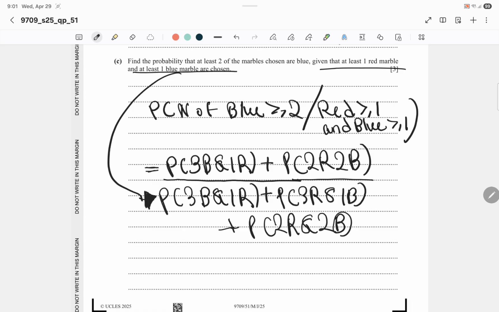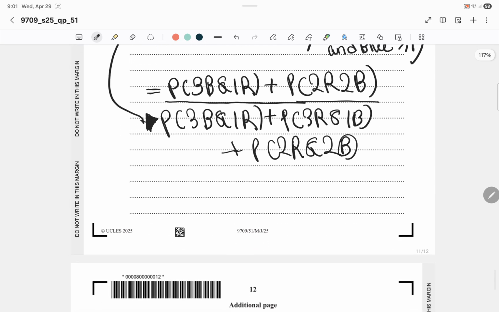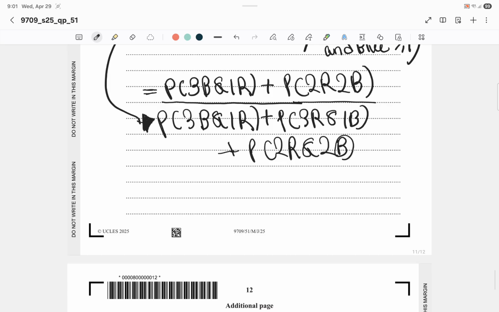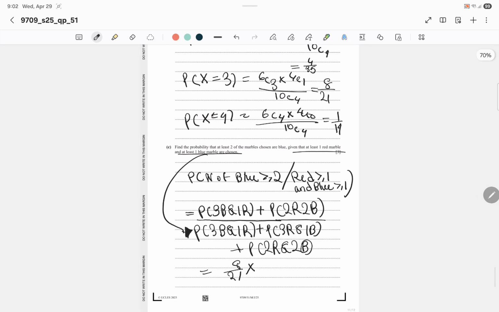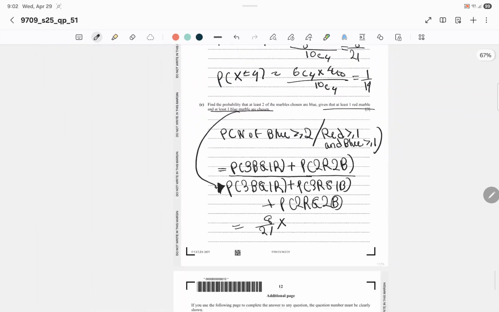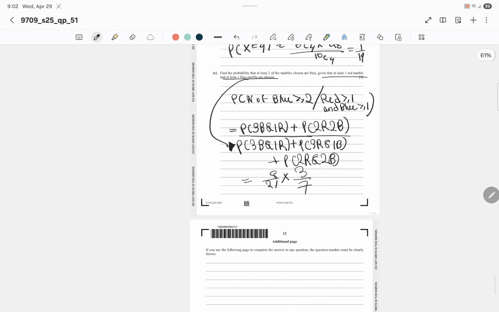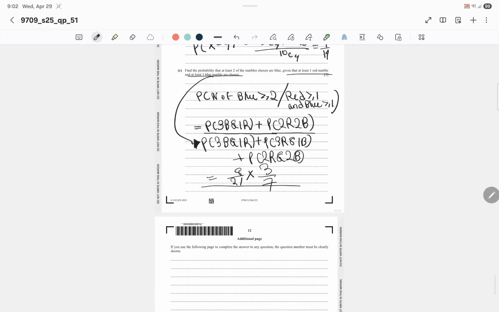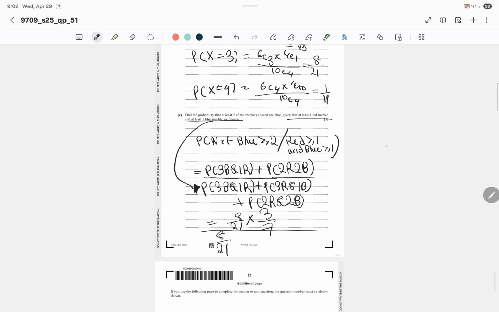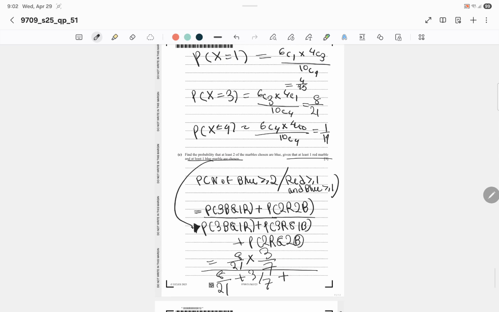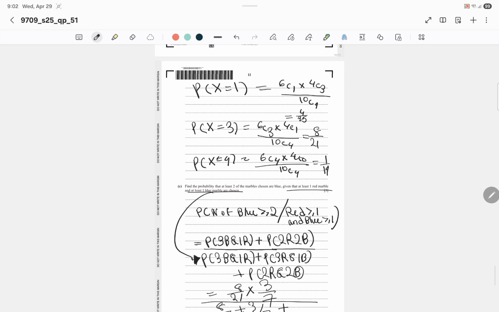Okay, so now you have to just multiply the probabilities, which we get for 3 reds and 1 blue, which is 8 by 21, using the probability distribution table which we did above here, into 3 by 7, divided by 8 by 21 plus 3 by 7 plus 4 by 35.